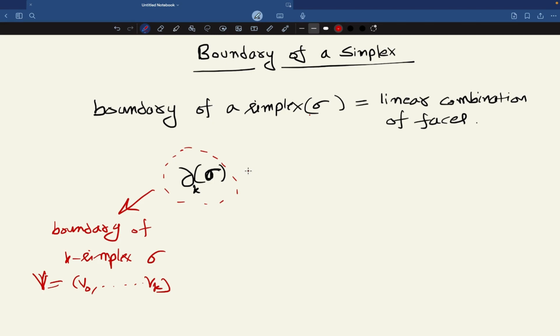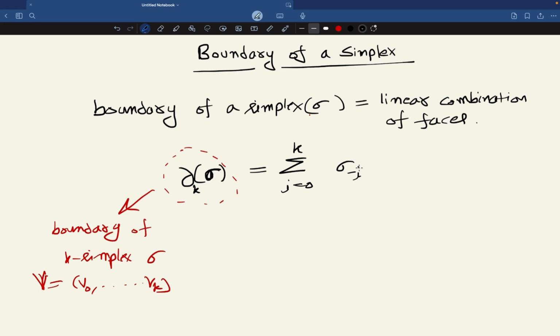And how can you compute it? It is actually equal to a linear combination, from i equal to 0 till k, of all your faces.